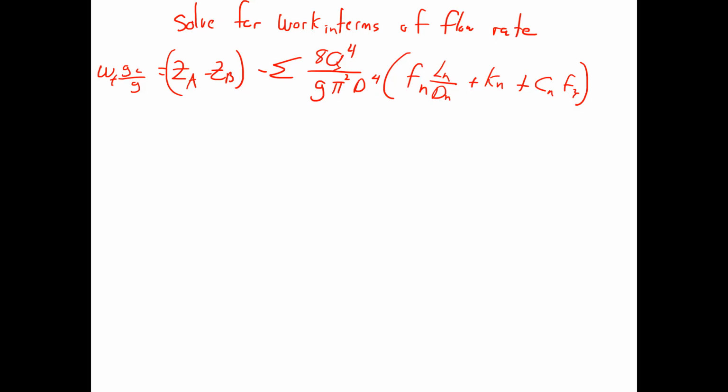With that said, let's define a few things here. First off, these are what we call minor losses through the penstock. And G sub C is what we call the gravity constant. In English units, it would be 32.17, and in SI units, believe it or not, it's 1.